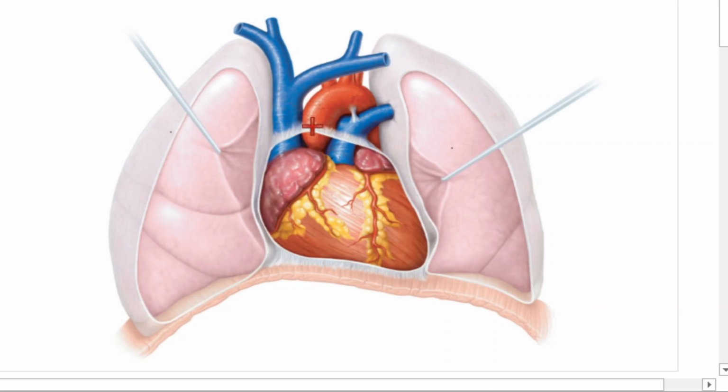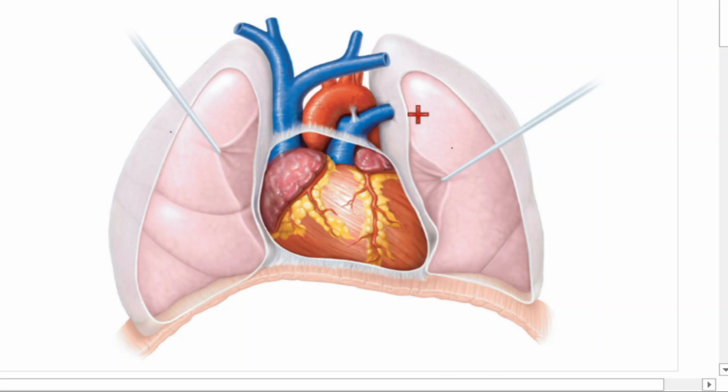This is going into your lungs, the pulmonary arch, and this is coming out of here from the left ventricle, the oxygenated blood that has come from the lungs. Okay, so that's why it is red. And these two are connected by ligamentum arteriosum. That doesn't do anything in the adult, but during the fetal stage, it joins these two. Okay, because the lungs were not developed properly in the fetus.